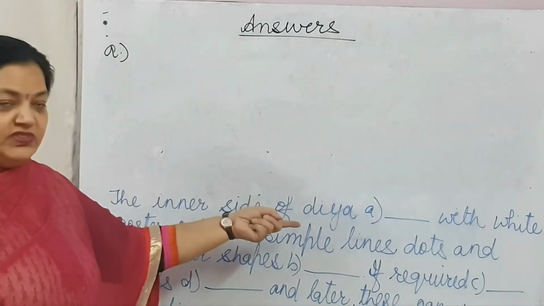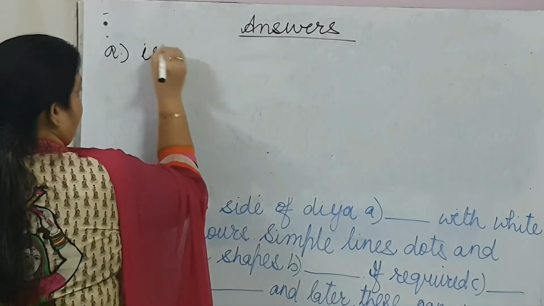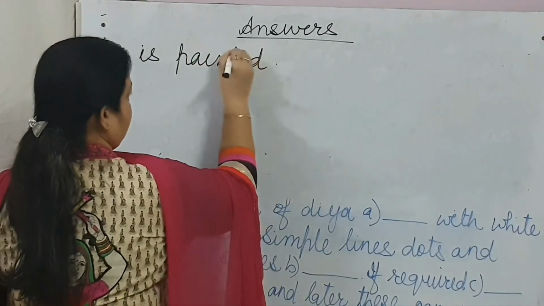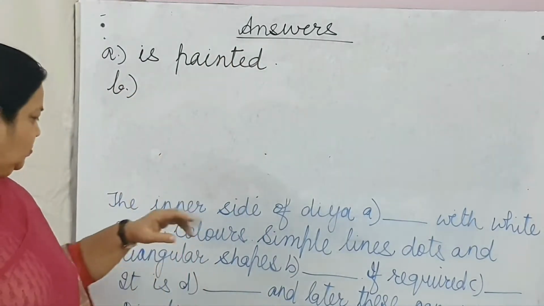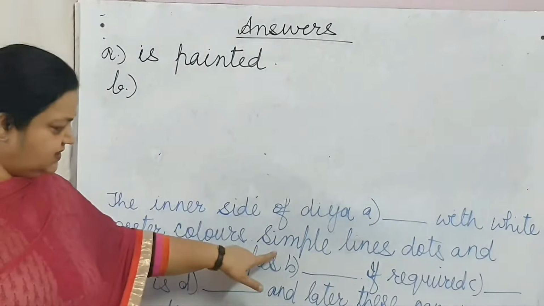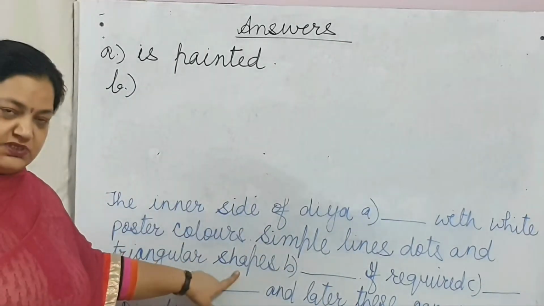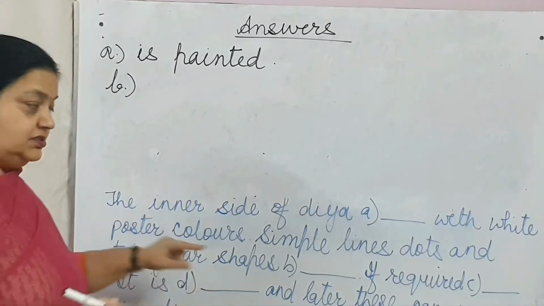The inner side of diya is painted. With white poster colors. Simple lines, dots and triangular shapes are drawn with different colors.